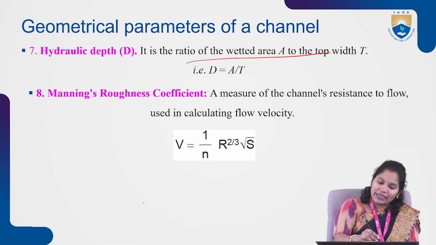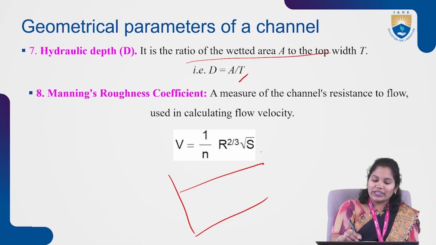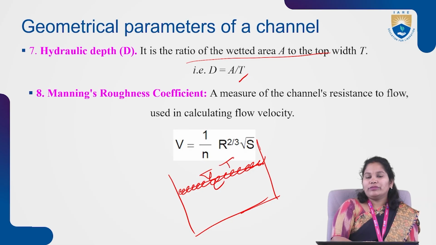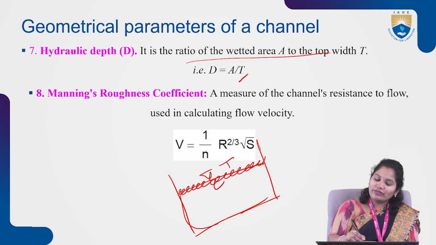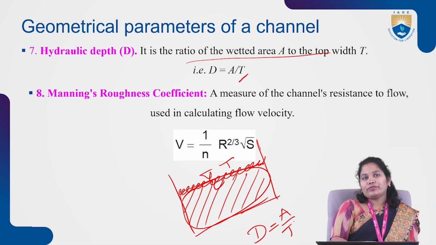Hydraulic depth, capital D, is denoted by area by top width, T. If this is a rectangular channel, this whole thing is your top width, T. So wetted area by T is your capital D, that is, the hydraulic depth.